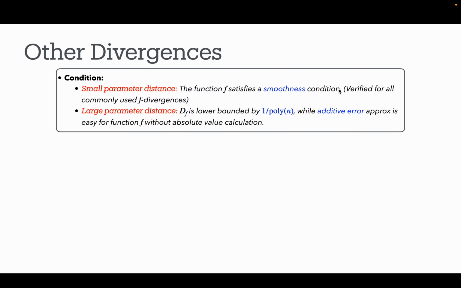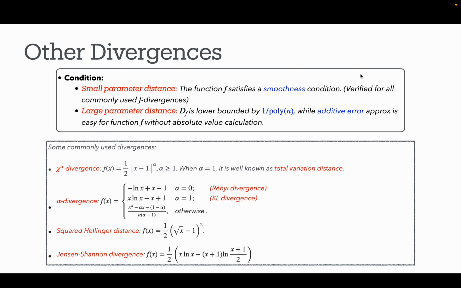When the parameter distance is small, the function f has to have some smoothness condition, which is verified for all commonly used f-divergences below. And when the parameter distance is large, the f-divergence is lower bounded by poly(n), and the additive error approximation is easy when the function f does not involve the absolute value.